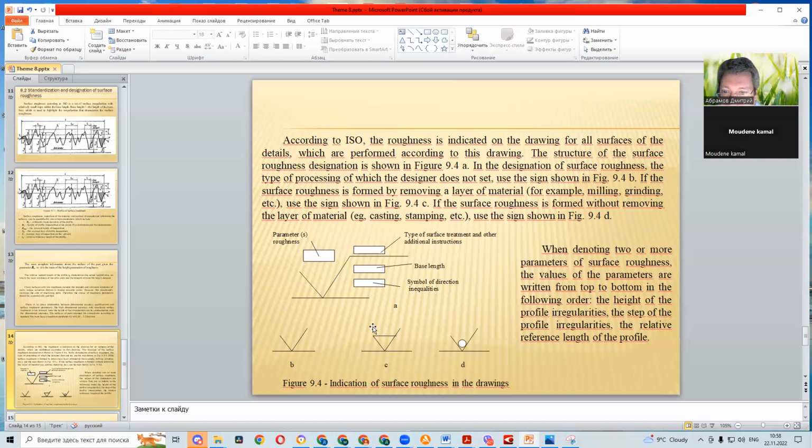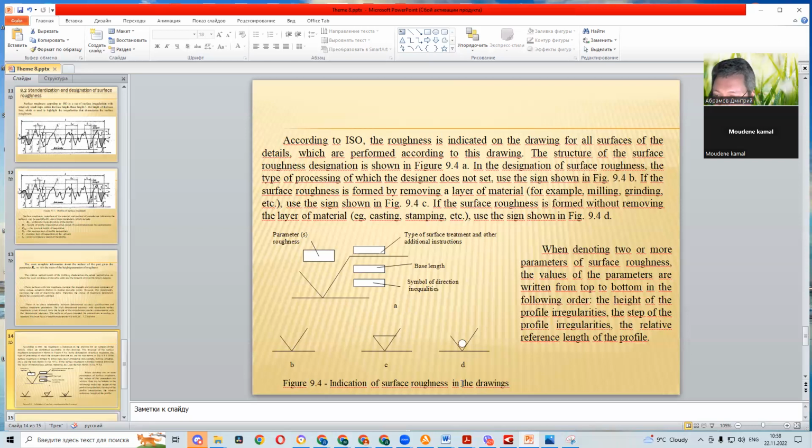If the surface roughness is formed without removing the layer of material, like casting, stamping, etc., use the sign shown in figure 9.4d.